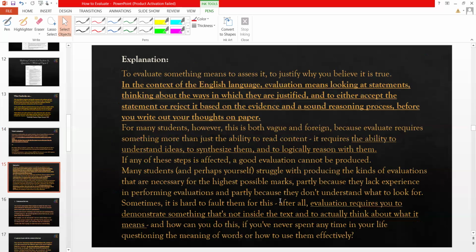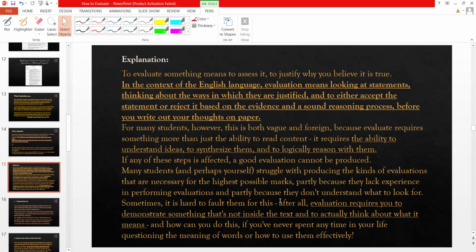Now, this is what it meant. In the context of the English language, evaluation means looking at statements, thinking about the ways in which they are justified, and either accepting or rejecting the statement based on the evidence and a sound reasoning process.